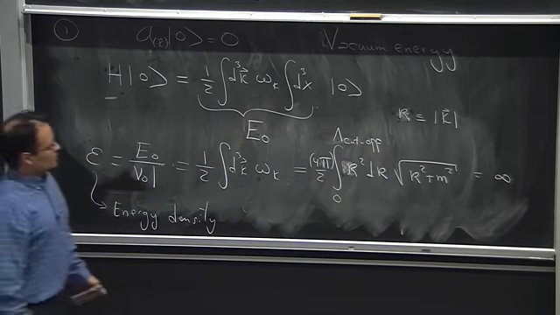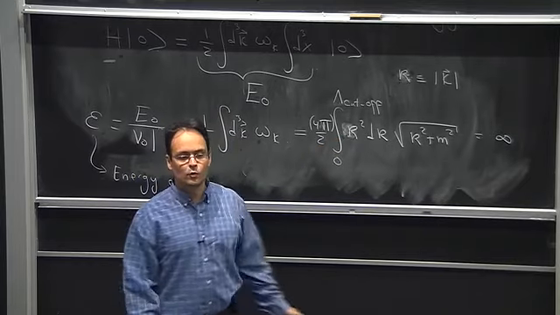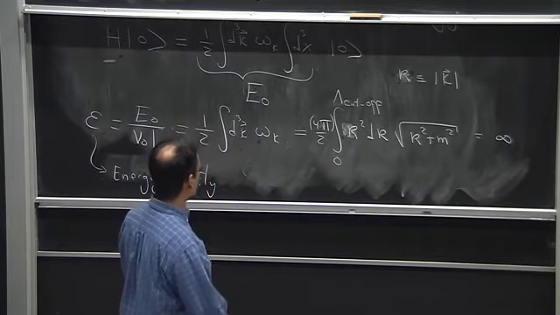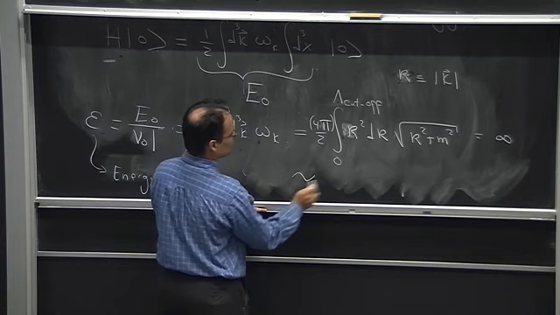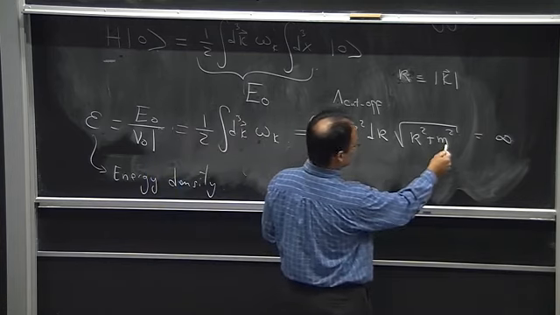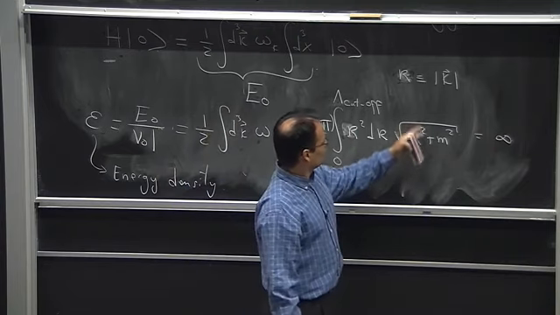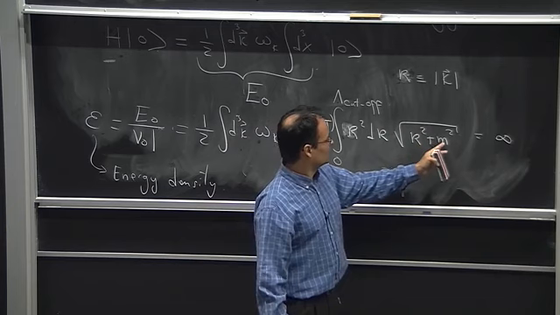Okay. So now I can see how bad the divergence is. We knew it was infinity, but let's see how bad it is. To compute how bad the divergence is, we don't care about the mass, because the problem happens for very high momentum. So for very high momentum, this dominates, and this is subleading.